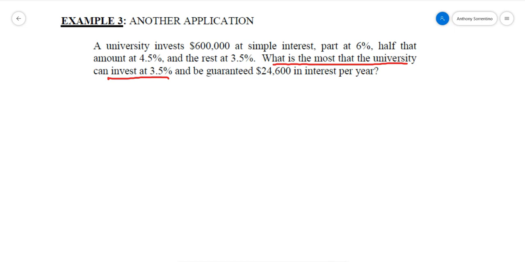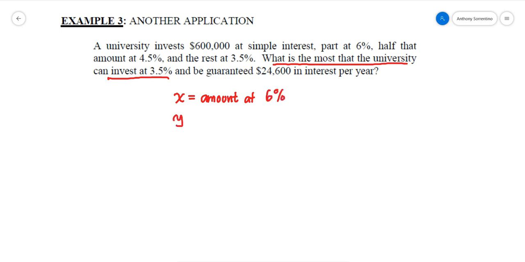So the issue we have with this is, we have basically three amounts. I'm going to let x, starting off, be the amount at 6%.